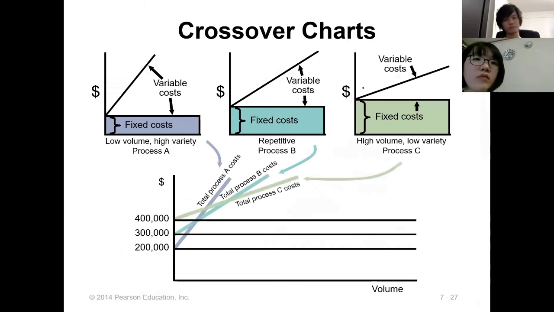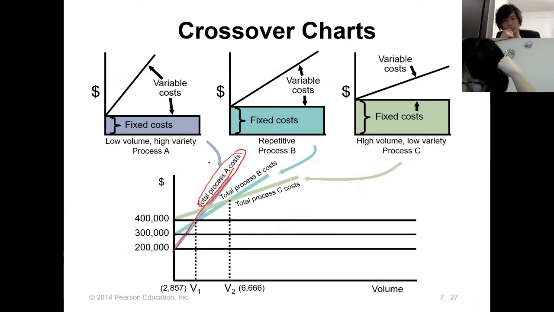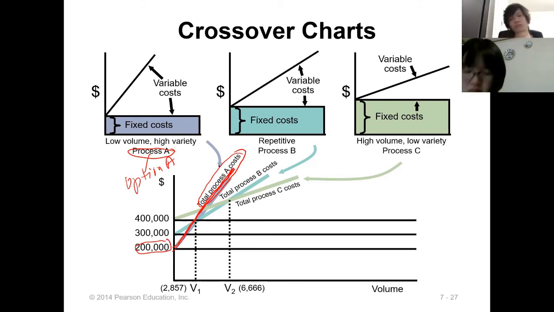Please stop me if you don't understand. The first line shows the total process A cost. Just now it was software, now they changed it to process. Never mind, it's option A. For option A, this is the fixed cost plus variable cost.